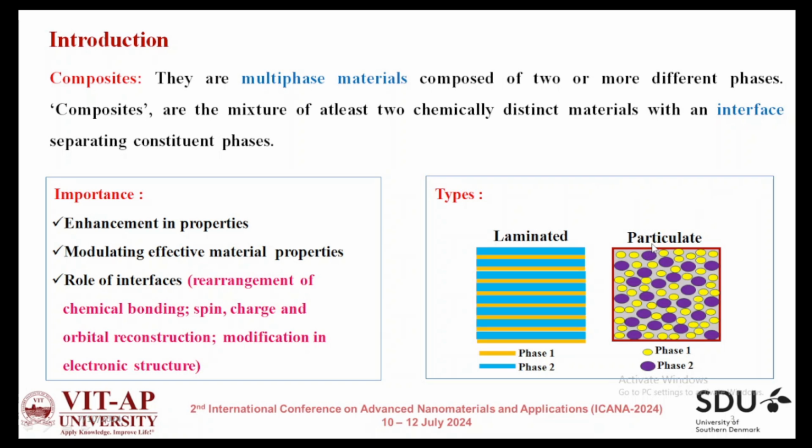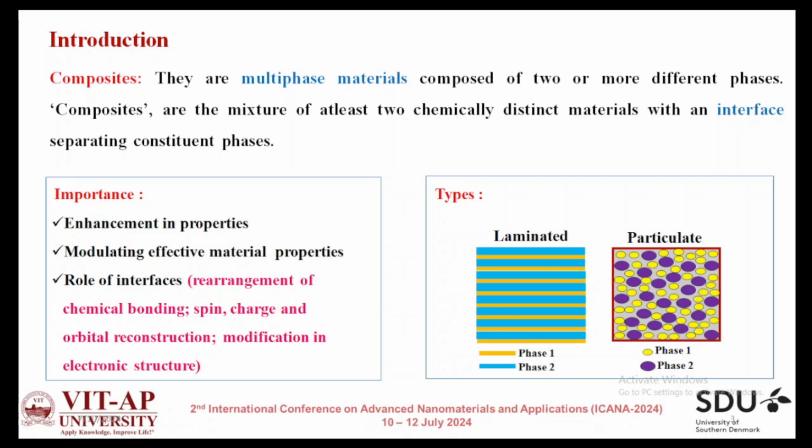In particulate type of composite, the particles of one phase are embedded into the phase two particles, whereas in laminated type of composite, one layer of particles of phase 1 is laminated over the layer of particles of phase 2.